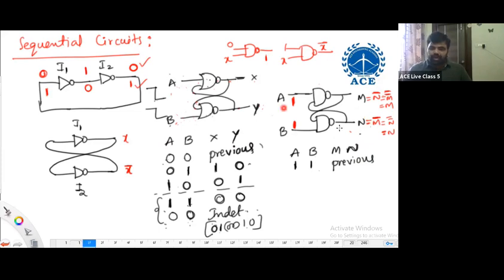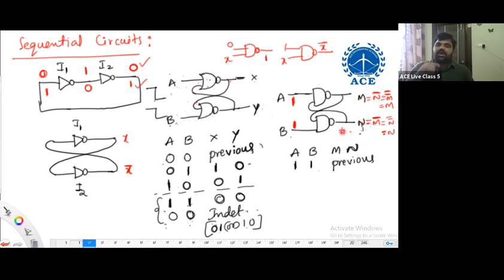When AB are 1, the circuit is remembering. It is in a stable condition and not changing. Again, conditions apply: when AB 1 is applied, M and N remain the same if M and N are complementary.